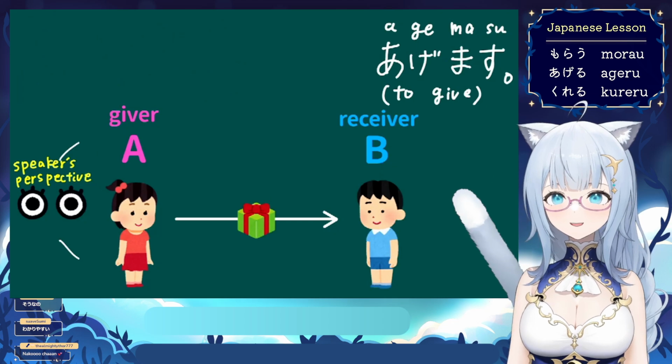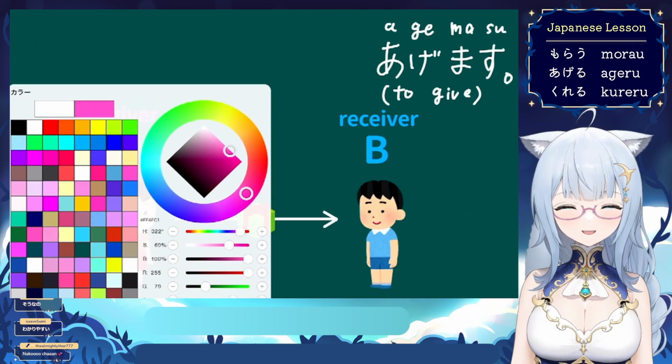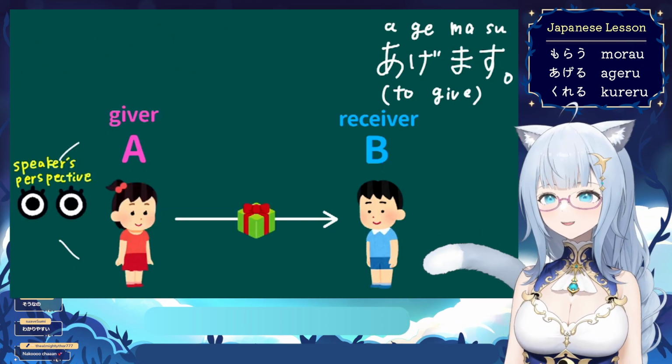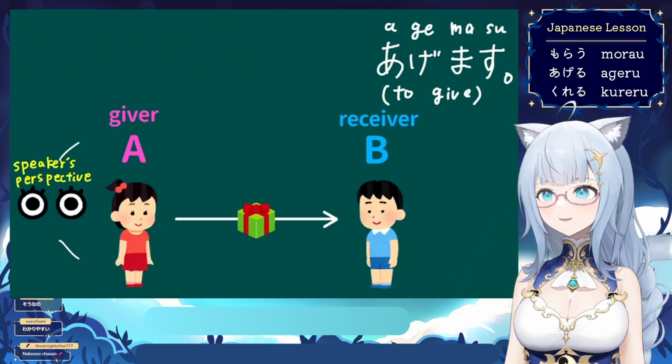じゃあ A と B は同じにしようか。じゃあ in this sentence the speaker's perspective is in A side.